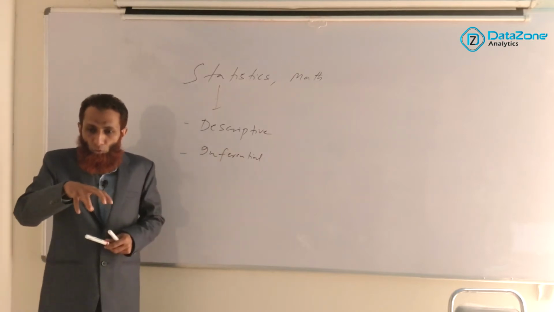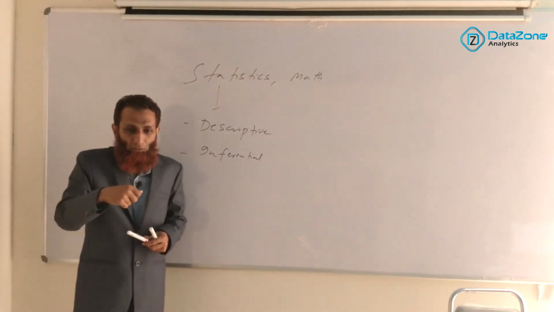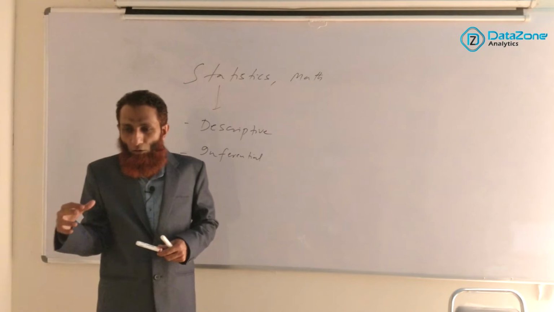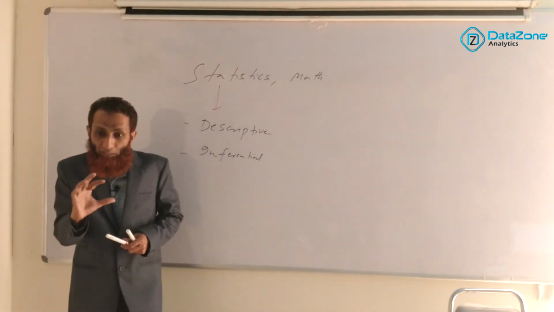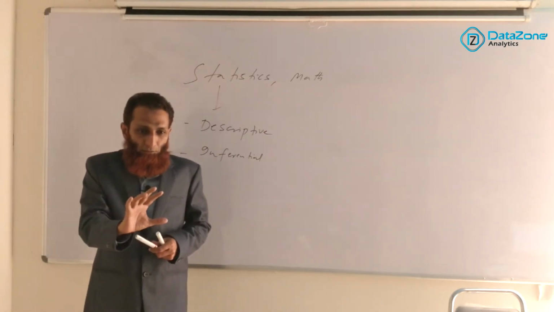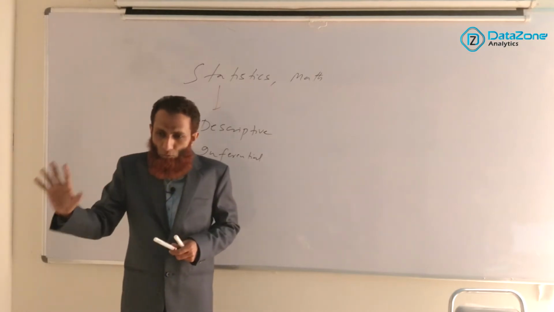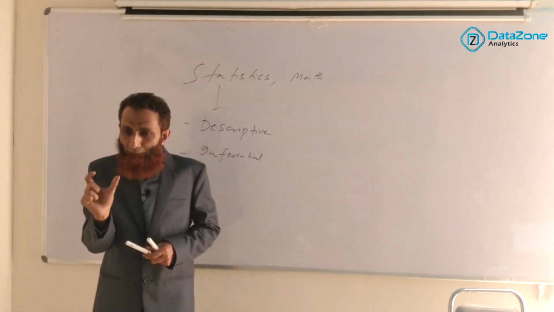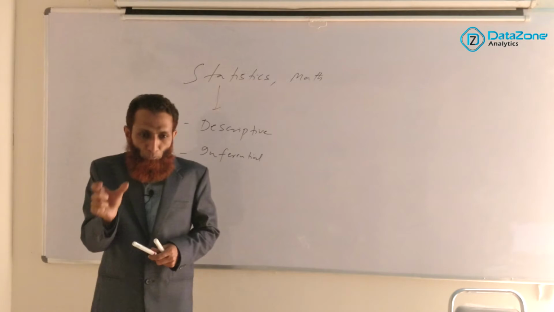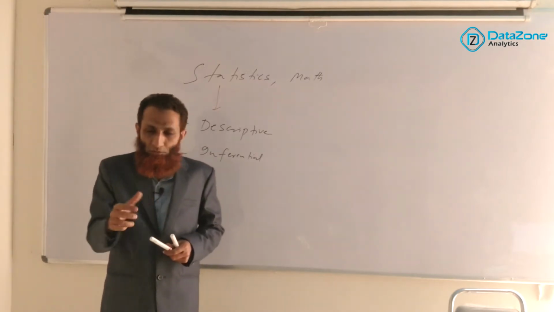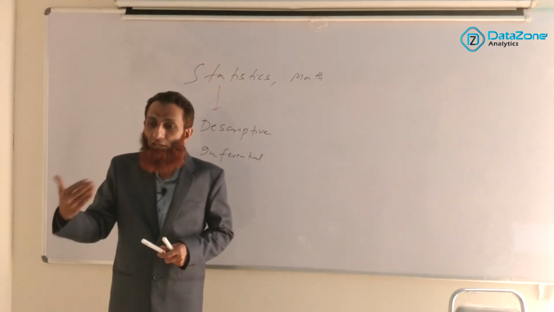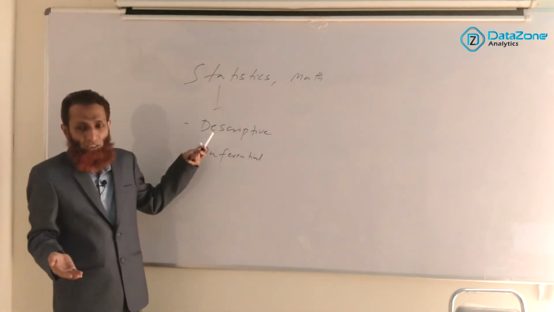When you want to understand the location of data, that is central tendency of data, or the dispersion or variability in data, as this concept we have learned in our school, you want to understand mean, which is average, mode, median, or something like standard deviation, variance, we apply descriptive statistics.